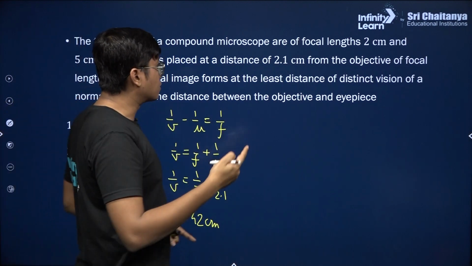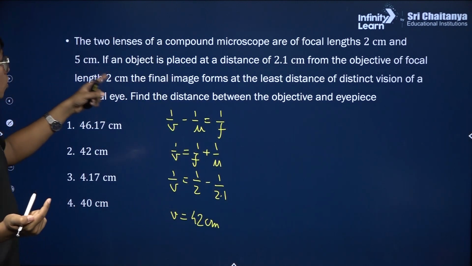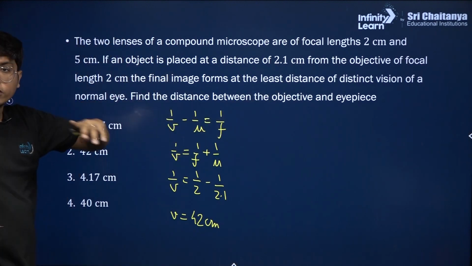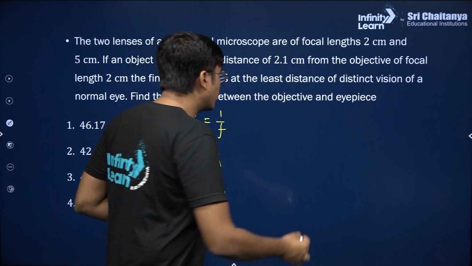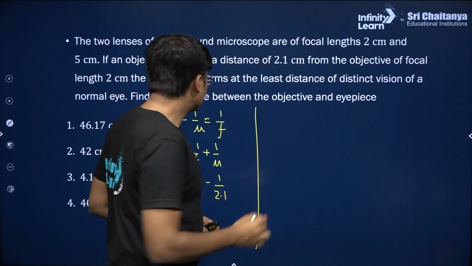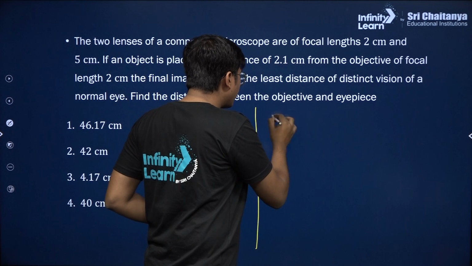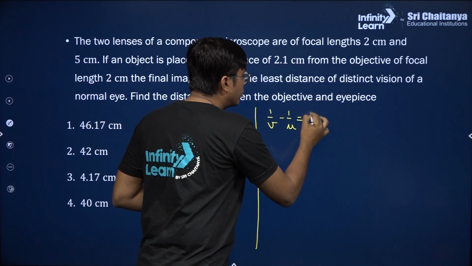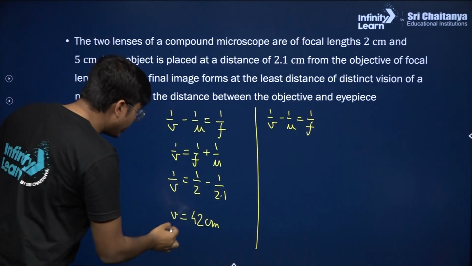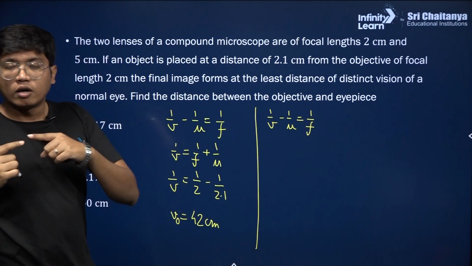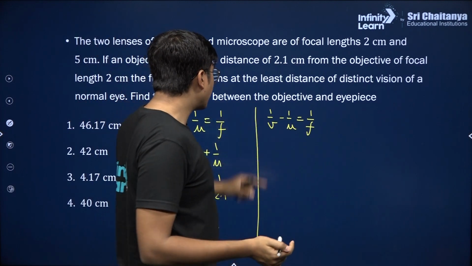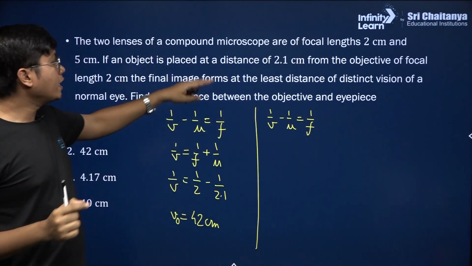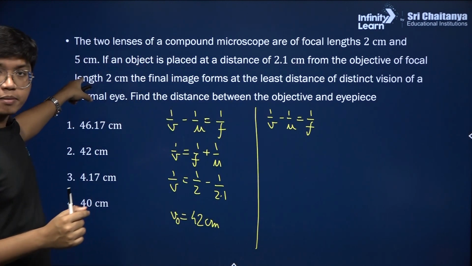Now for the eyepiece, the other one. Over there, we know what the v value is because the image is formed at the least distance of distinct vision, which is 25 centimeter. In the second case, again the same relation, 1 by v minus 1 by u is equal to 1 by f. Let's keep vo for the image distance of the objective. We know 1 by v. We need to figure out 1 by u because f is also known to us, 5 centimeter.